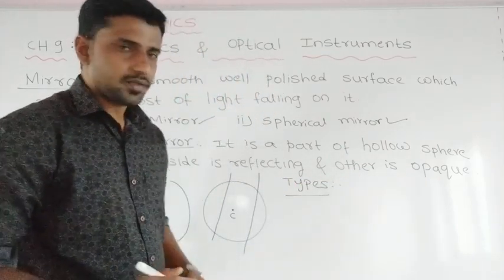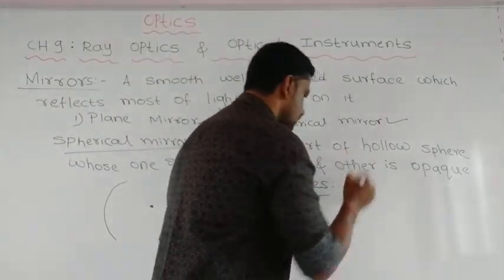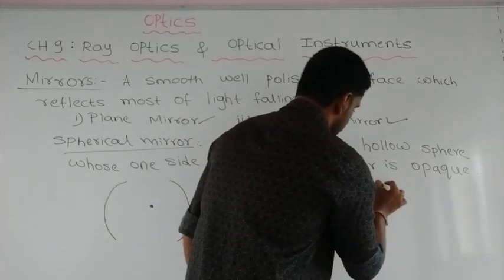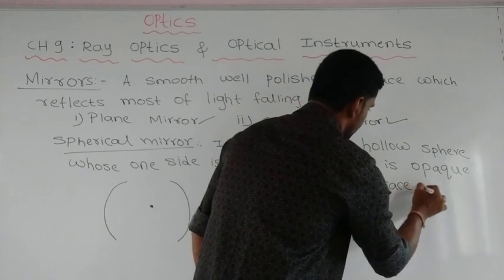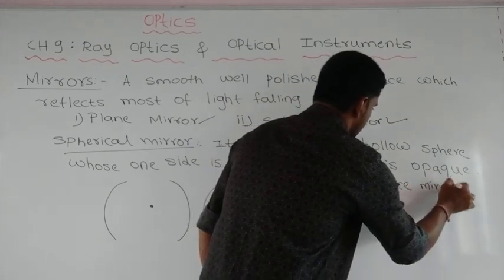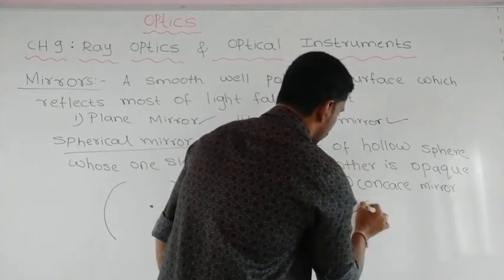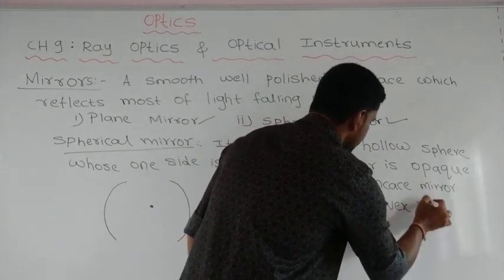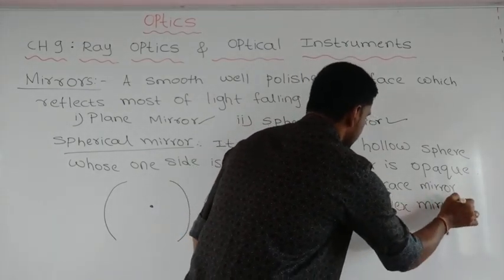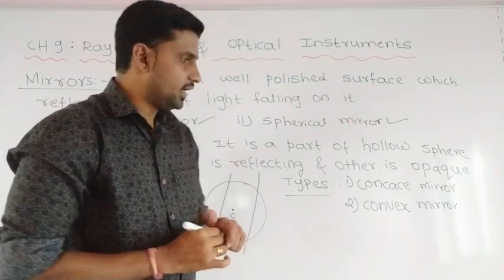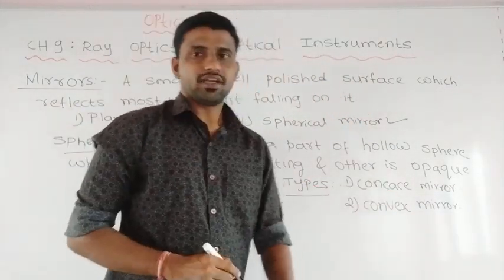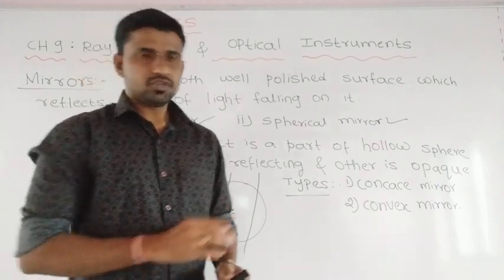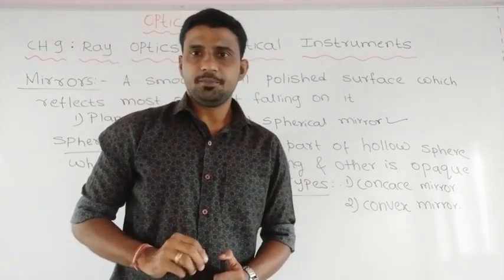First one is the concave mirror, and another one is the convex mirror. These are the two main types of spherical mirror. So that is about the spherical mirror.